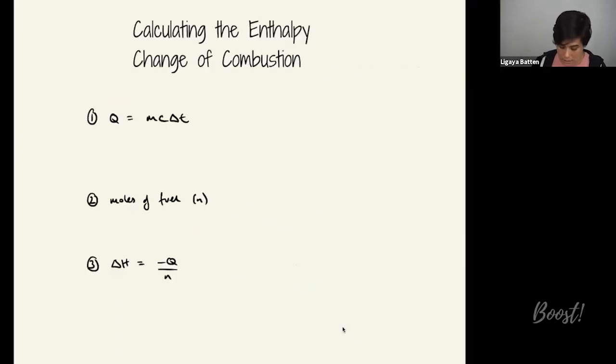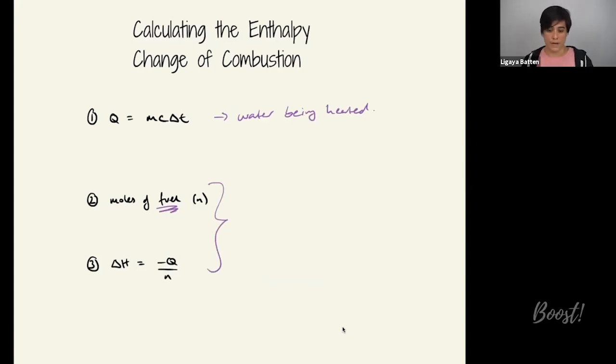So that's the thing to just really keep in mind. This Q is talking about the water being heated. And then this moles of fuel is going to be for the fuel that you actually burnt. So this comes from the change in mass of the fuel that you burnt.